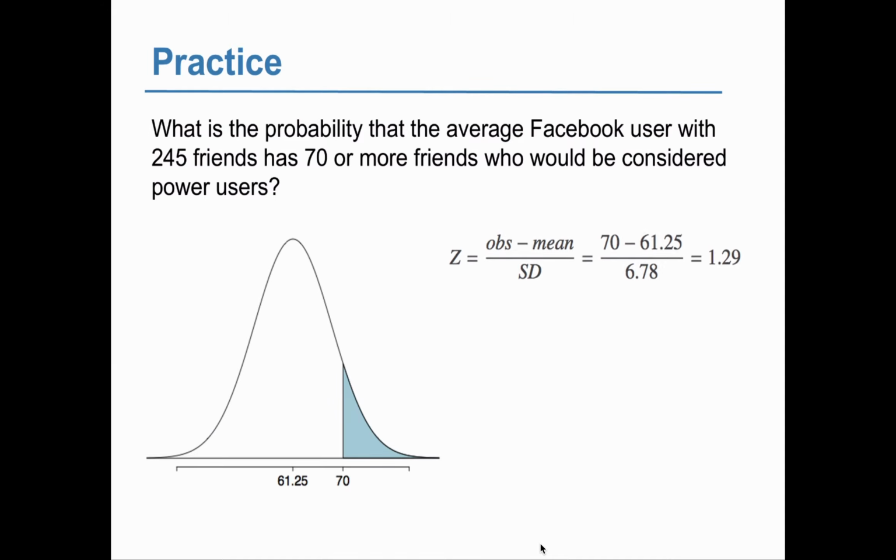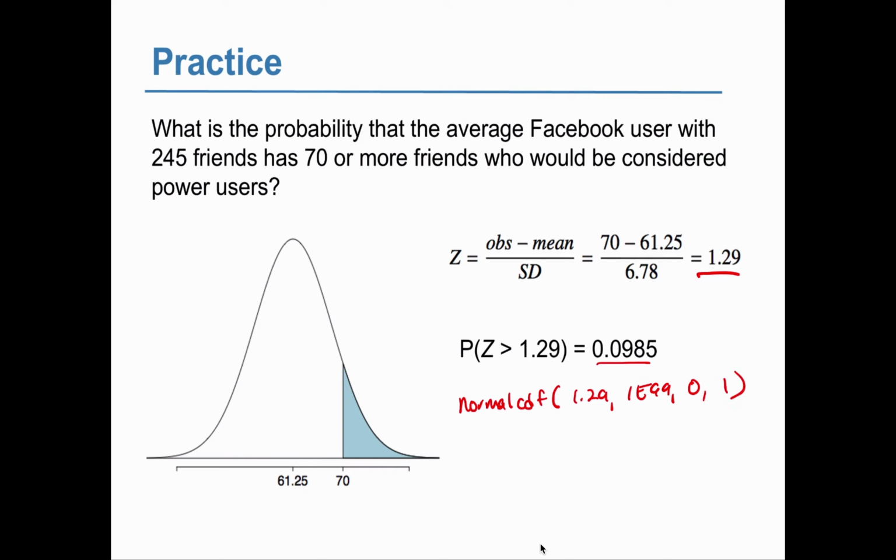You can also standardize it by getting the z-score, so then you could do normal CDF of 1.29, 1E99, a mean of 0, and a standard deviation of 1. And that'll give you the same thing.